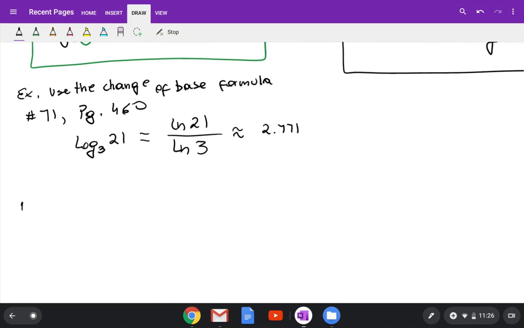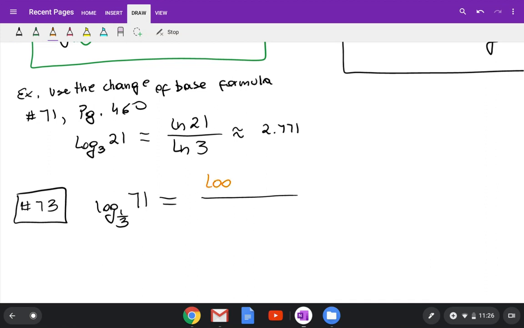Let me do number 73. So it's up to you if you want to use ln or common log. Okay, you pick the one which you like. This is logarithm of base 1/3 of 71. So here I'm showing you how to change the base using common log. So I'm going to pick log of 71 over log of old base.